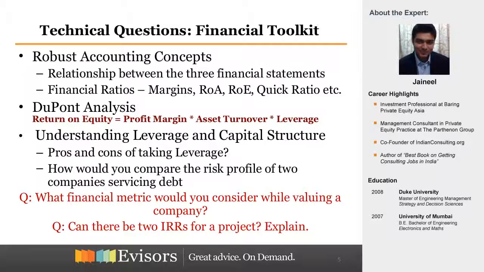So that is one thing that you need to keep in mind, the pros and cons of leverage. One common question is, how do you compare the risk profile? What is the metric that you would use to compare the risk profile of 2 companies which would be servicing debt?